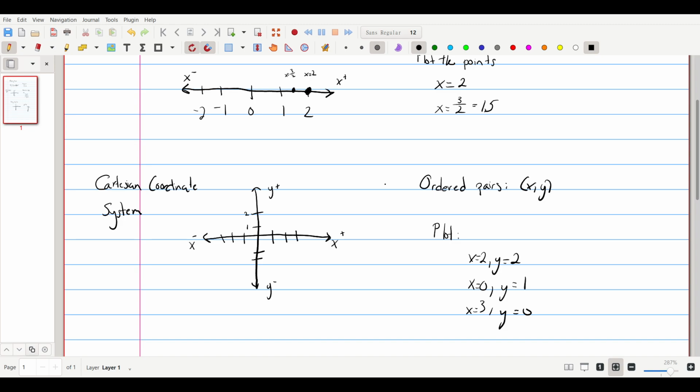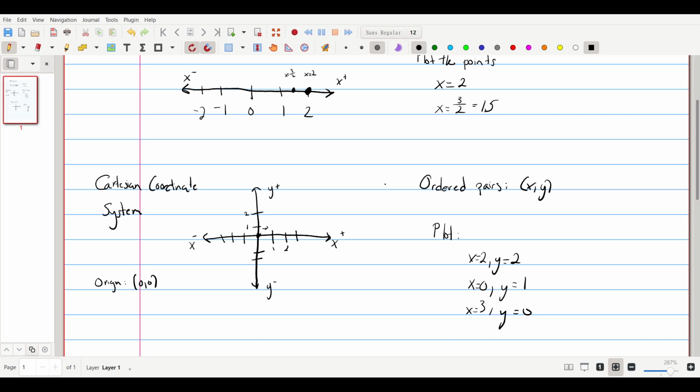What you need to do is make sure you satisfy both of these restrictions. And so what this kind of looks like is you start at the origin right here, the middle, the intersection. This is 0, 0, so the origin is the point 0, 0, where x and y are both 0. And if we want to get to x equals 2, y equals 2, what we do is we move 2 over, right?